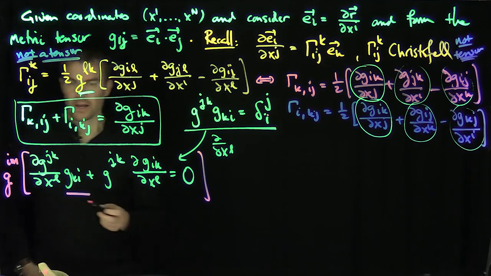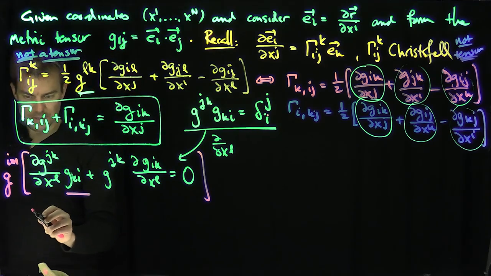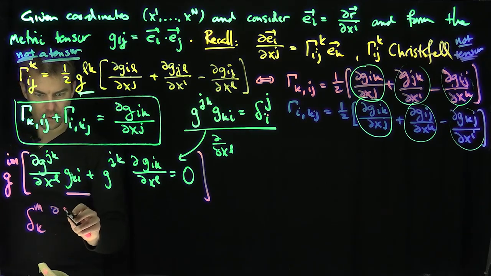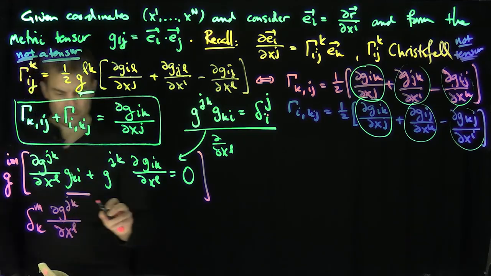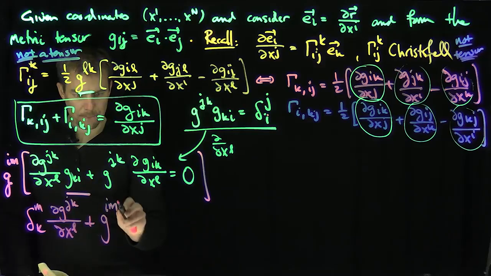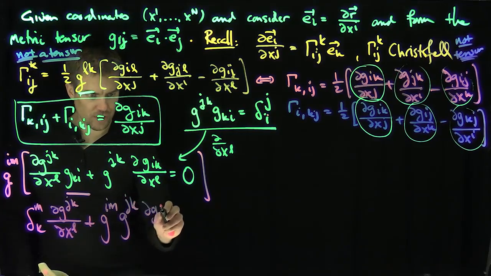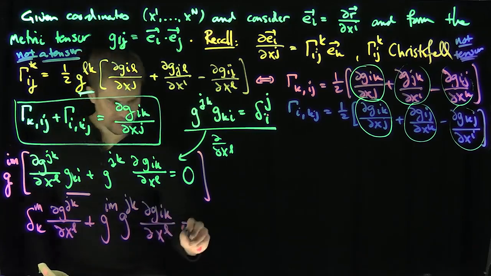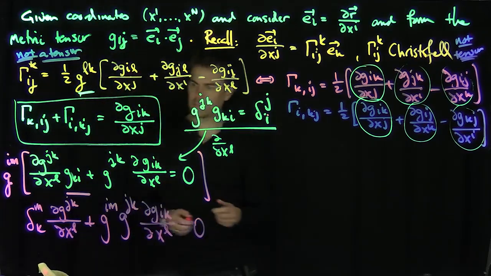Great. And so now if I do this, what does it become? Now this becomes a delta_{mk} partial g_{jk} over partial x_l, and then plus a g^{im} g_{jk} partial g^{ik} over partial x_l is equal to 0. Okay, excellent.